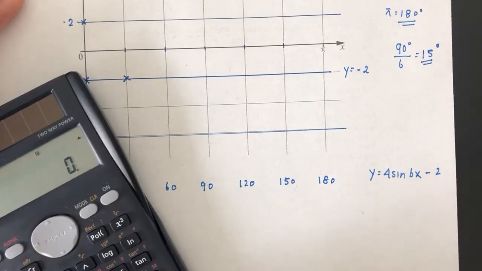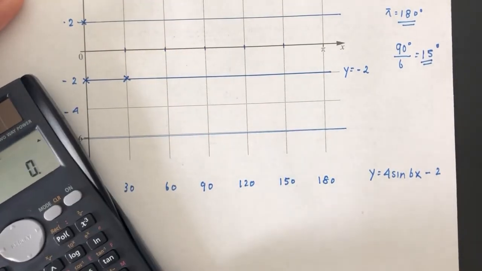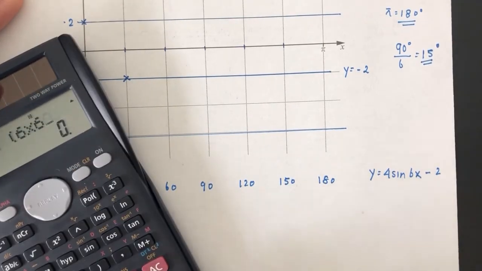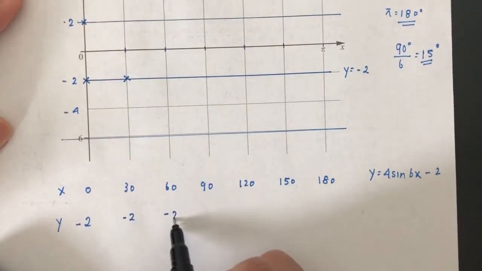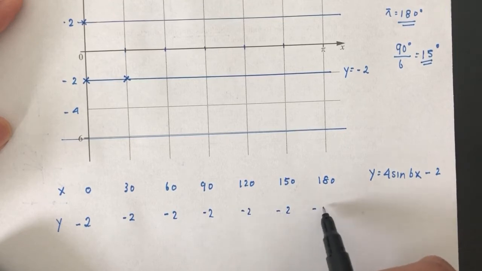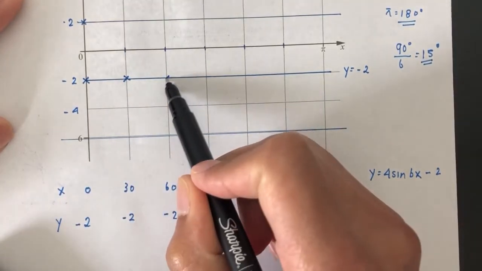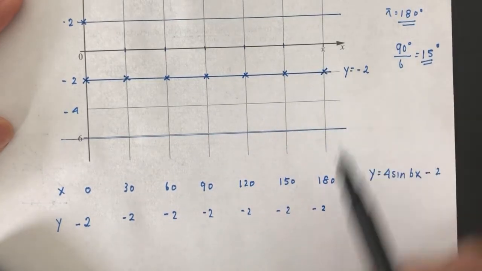So 4 sine 6 times 60 should be minus 2 as well. Exactly. So as you can see, for these points everything is minus 2: minus 2, minus 2, minus 2, minus 2, minus 2, and minus 2.